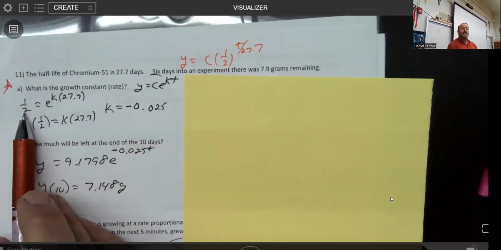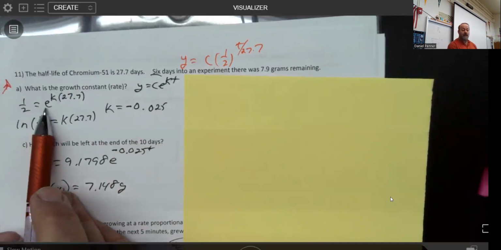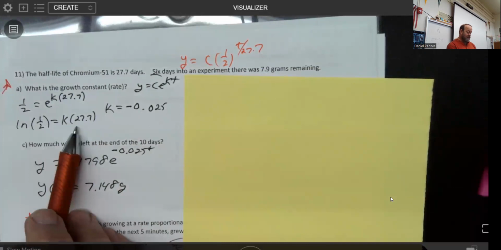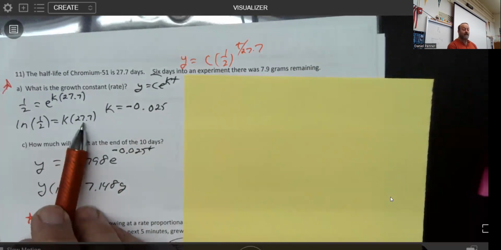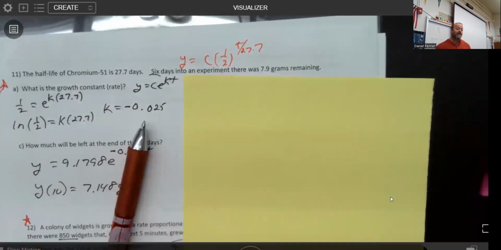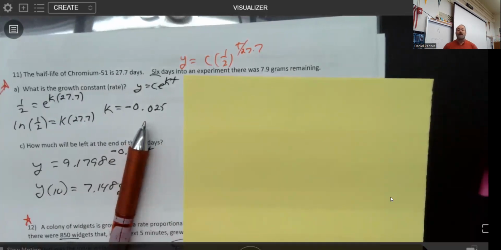So no matter what happens at 27.7, this value y will be half of C, and therefore when I divide it across, that's what's going to happen. So I take the natural log of both sides, and then as soon as we divide by 27.7, we have this number right here, and we're good to go. We have found the constant. That means it is decaying at a rate of about 2.5% per day, okay?